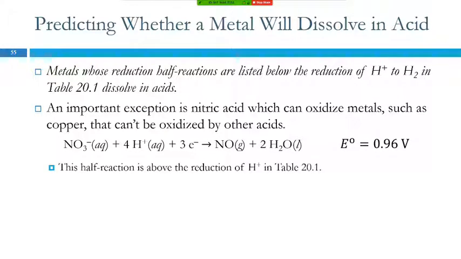There is a very important exception, and that is nitric acid. Nitric acid can oxidize metals such as copper that cannot be oxidized by other acids, and it does so using this kind of crazy reaction. This one is above the reduction of hydrogen ion in the table.